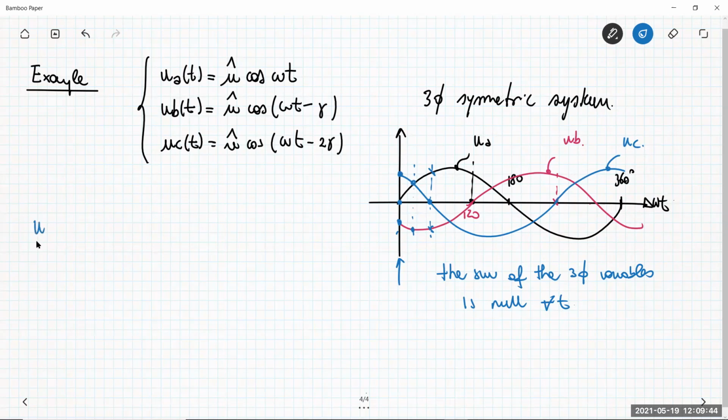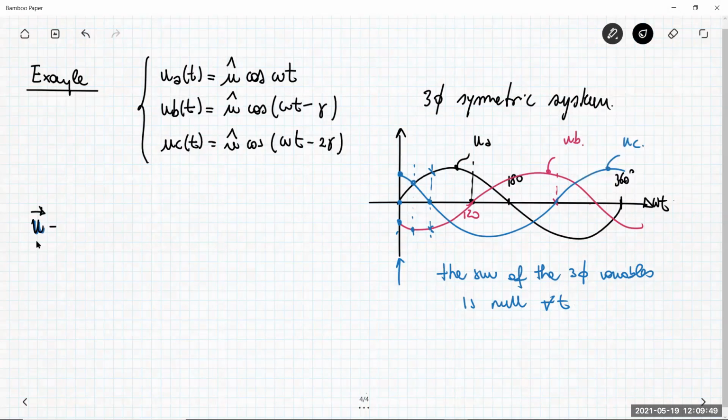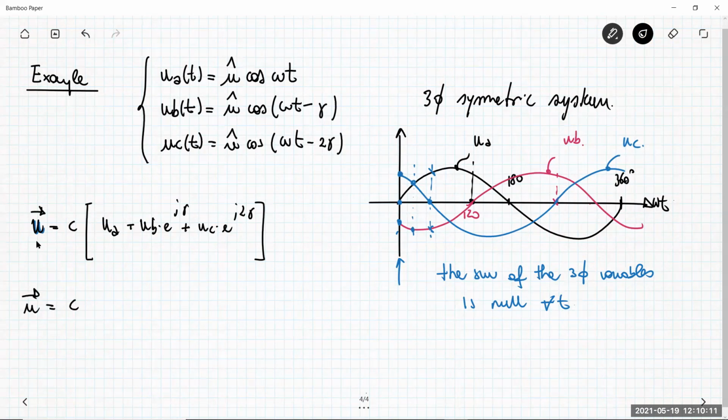So remember that the transformation is U constant C, UA plus UB exponential of j gamma plus UC exponential of j 2 gamma. So just replace each of these variables into the space vector representation.